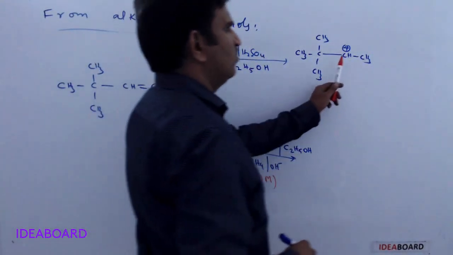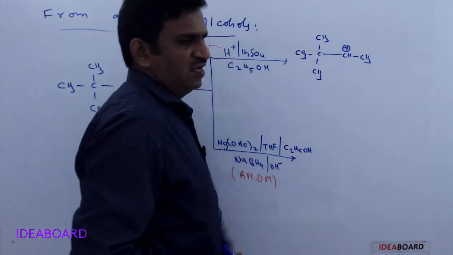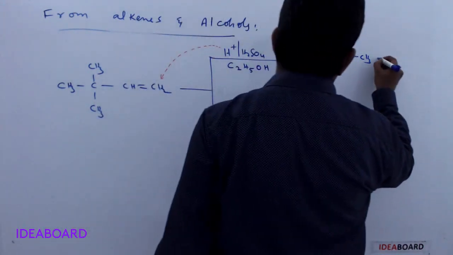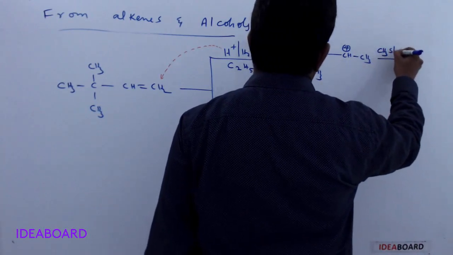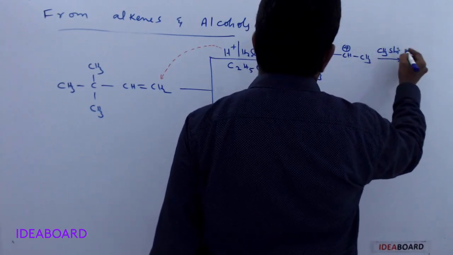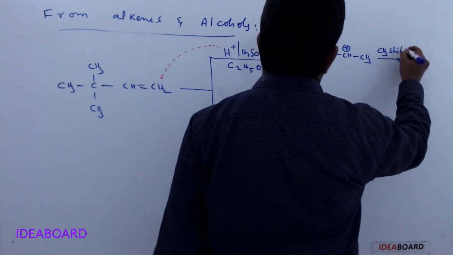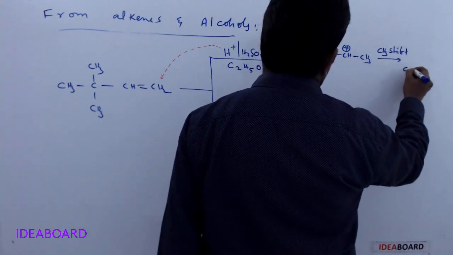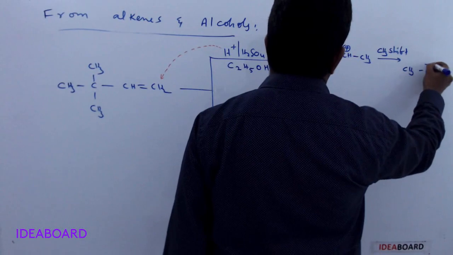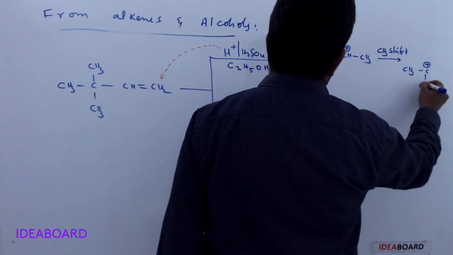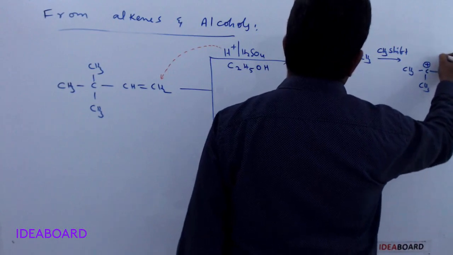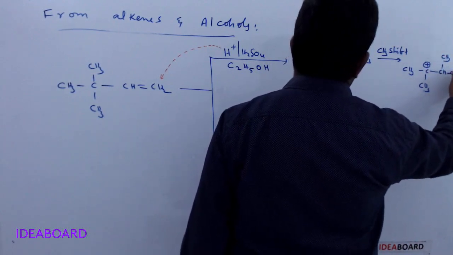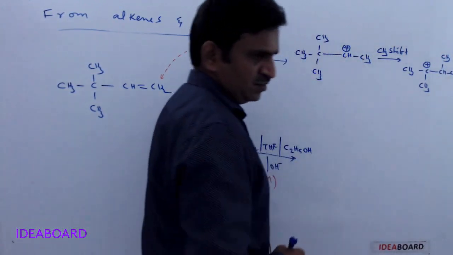A secondary carbocation, and adjacently a higher degree carbocation is possible, so a methyl shift occurs. By the methyl shift, we are getting CH3C plus, CH3, CH and CH3, CH3.